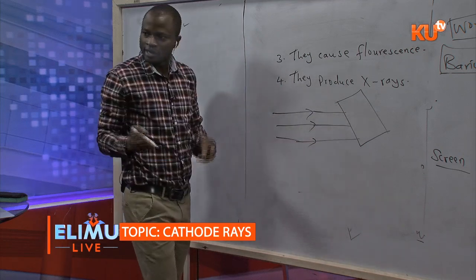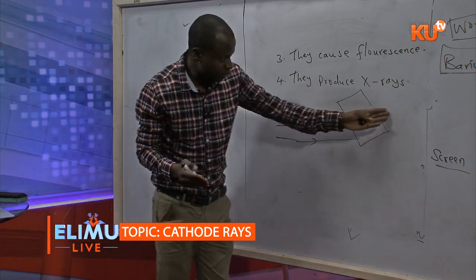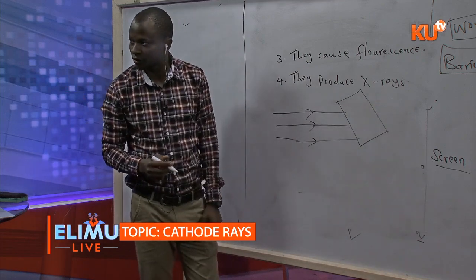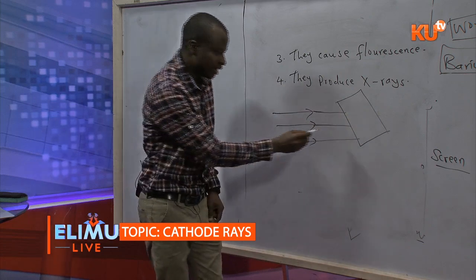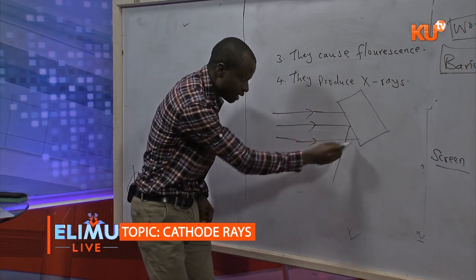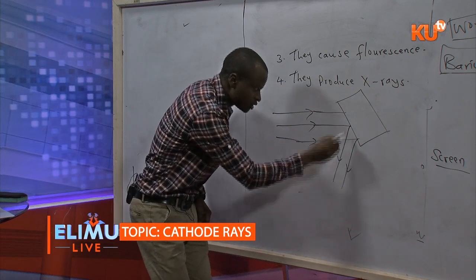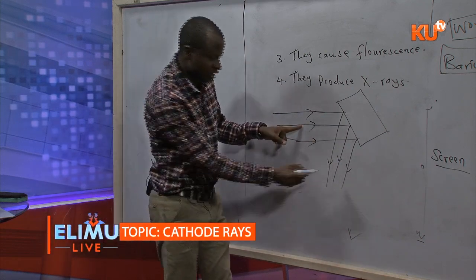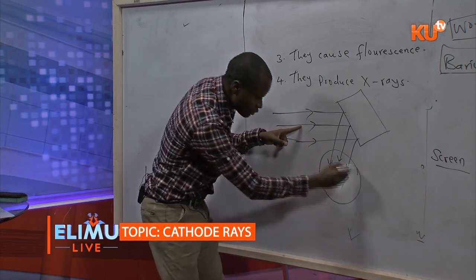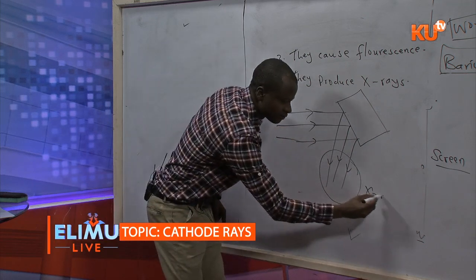They don't have enough energy to penetrate through this metal, depending on the type of metal. For example, lead, they cannot penetrate through. So they are blocked, and they'll turn. Depending on their energy, these ones form what we are calling X-rays.